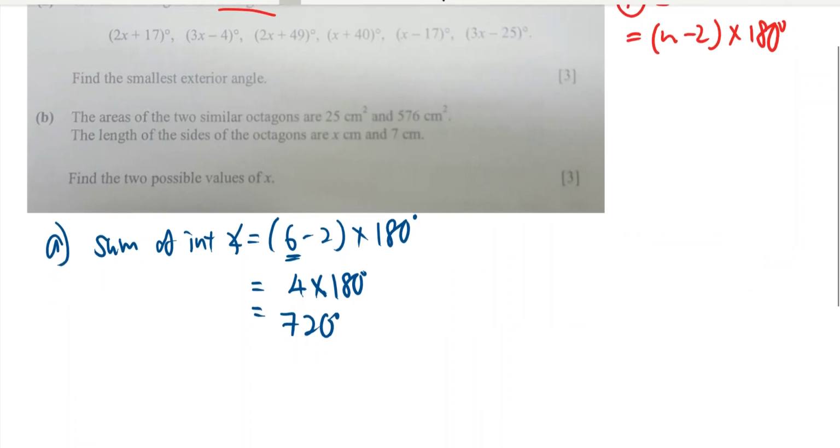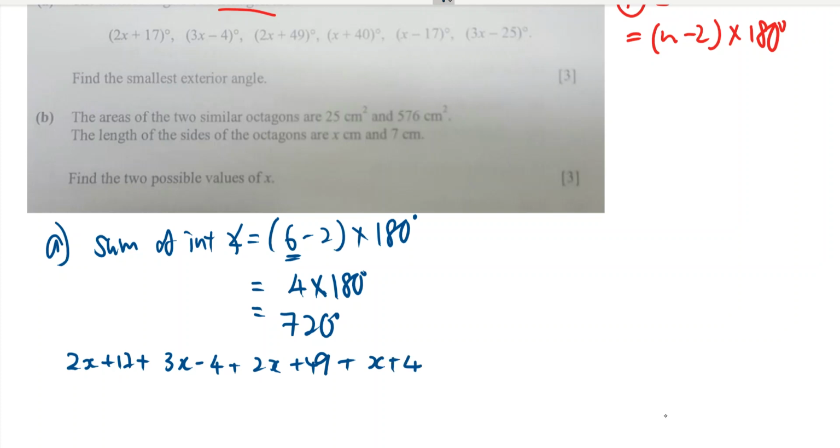And they gave you the 6 interior angles. So you can have 2x plus 17 plus 3x minus 4 plus 2x plus 49 plus x plus 40 plus x minus 17 plus 3x minus 25, and it will all work out to 720.